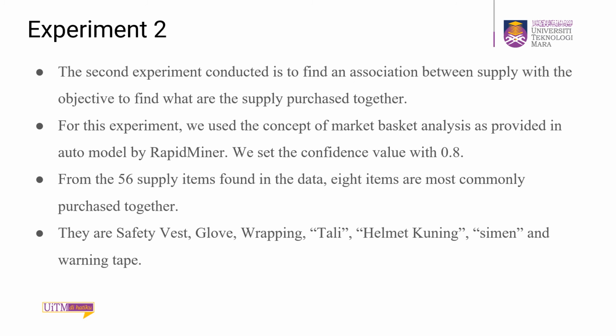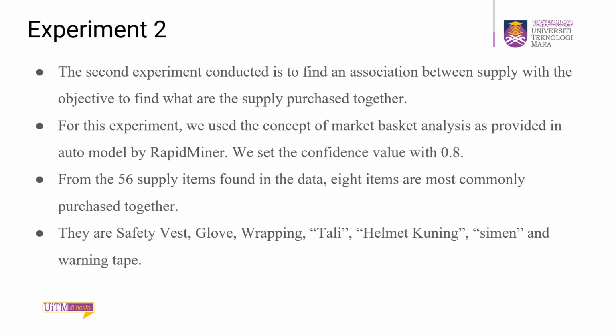For the second experiment, we conducted it with the objective of finding the association between the supplies themselves. We use the concept of market basket analysis as provided in AutoModel by RapidMiner, and we set the confidence value to 0.8. From the 56 supply items found in the data, 8 items are most commonly purchased together, which are safety vest, glove, wrapping, tali, helmet kuning, cement, and warning tape.